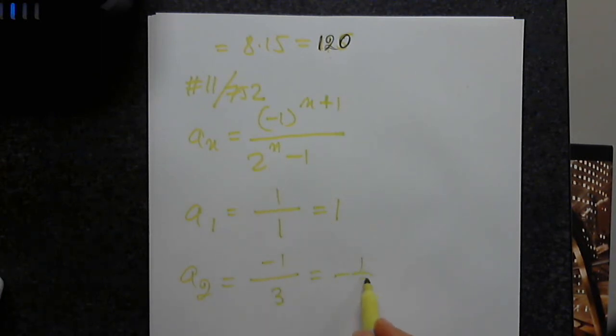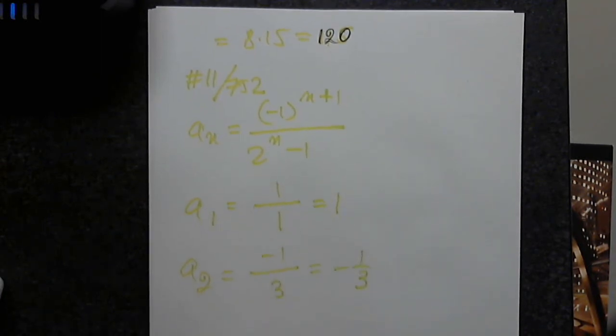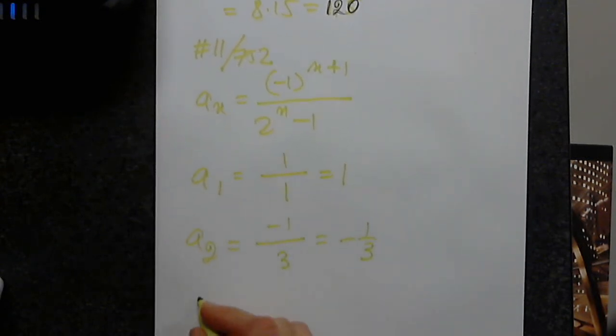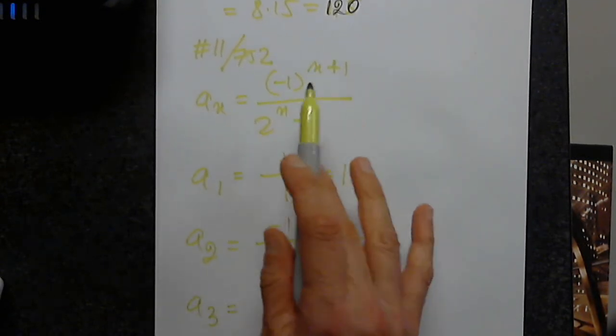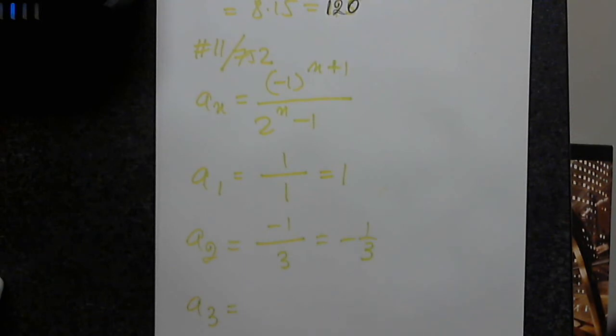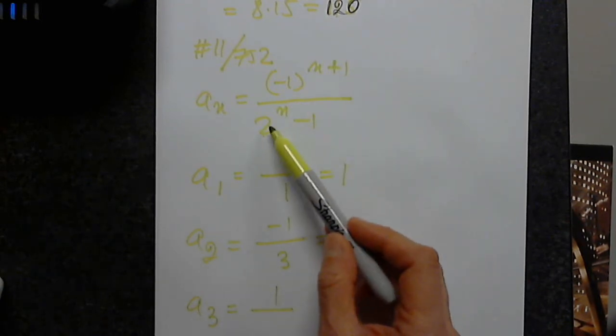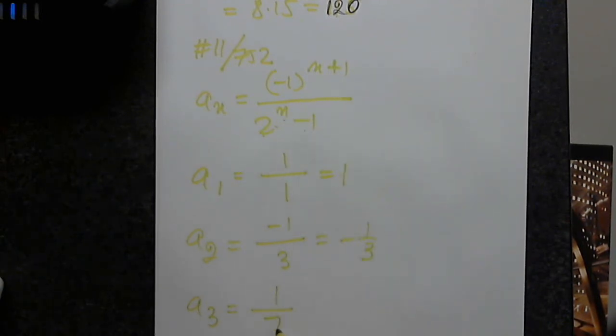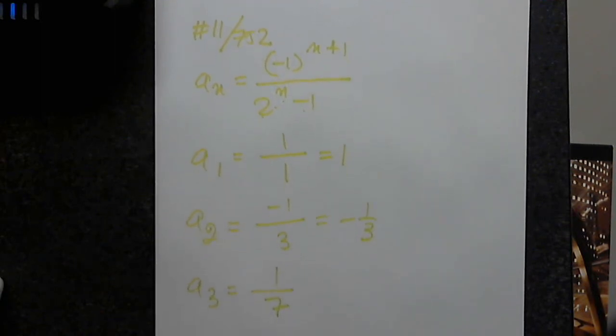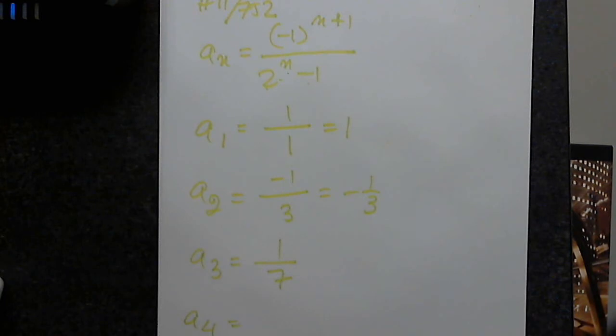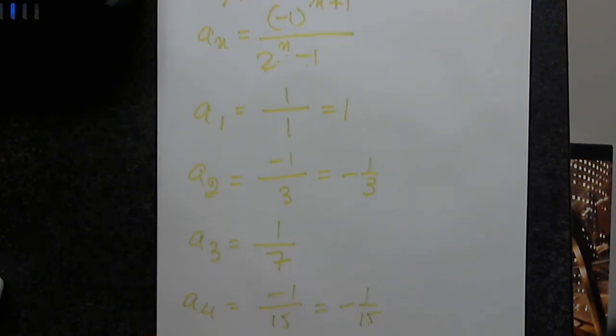The answer is negative 1/3. A3, 3 plus 1 is 4, negative 1 to the fourth power is 1, 2 to the third is 8, 8 minus 1 is 7. And finally A4, 4 plus 1 is 5, the top is negative 1, 2 to the fourth is 16, 16 minus 1 is 15, the answer is negative 1/15.